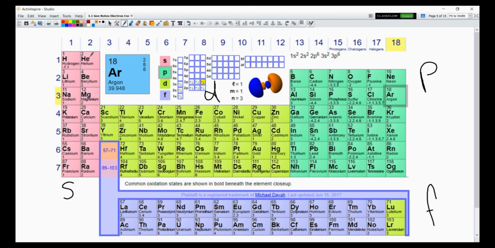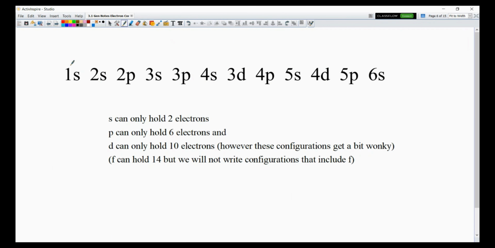And then this is the s, so this is 1s. Now if we travel over, we don't see anything else on the 1 line. So we're going to go down to the 2 line now. So this is 2, the second line. The first orbital we see here is s. So this is 2s. So you see 1s, then 2s.